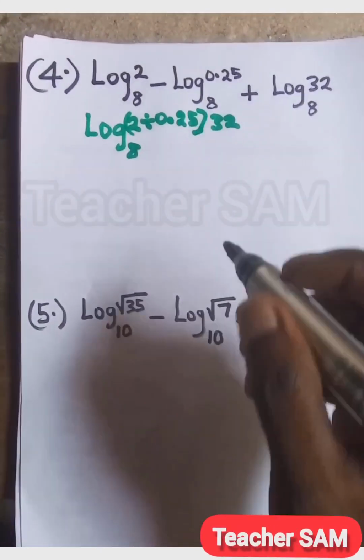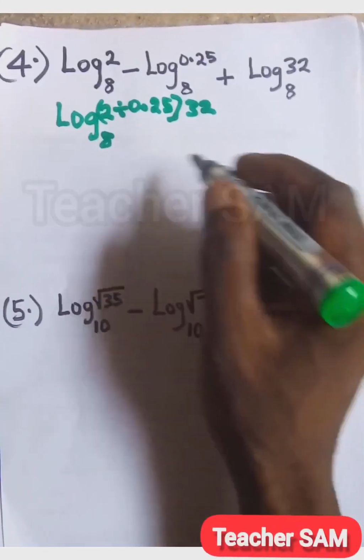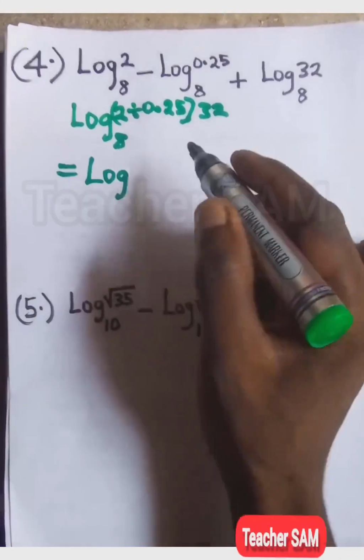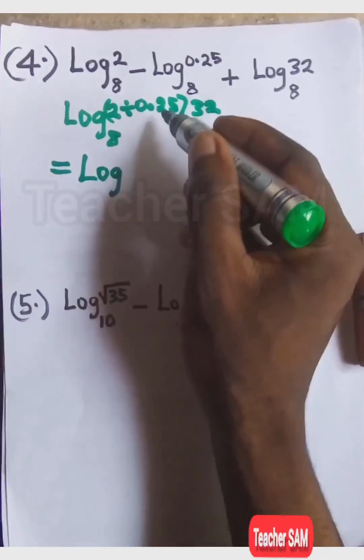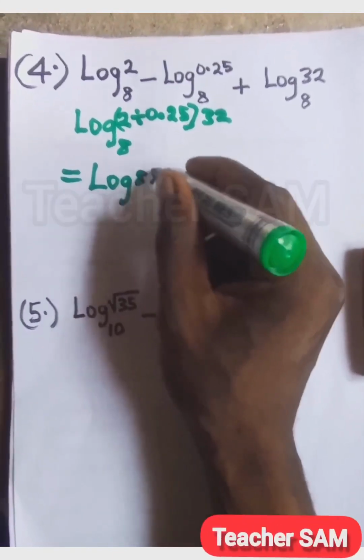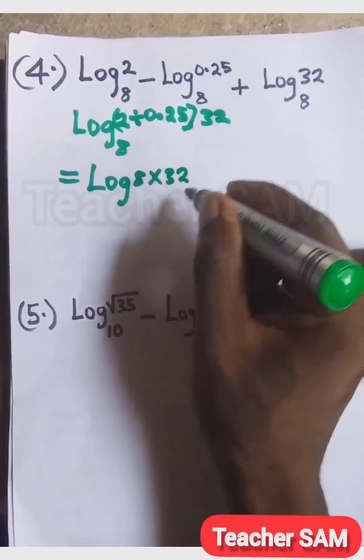Now by the time we go on with that, we find out that this is the same thing as having log. Now 2 divided by 0.25 will give us 8, so that will be 8 times 32 to base 8.